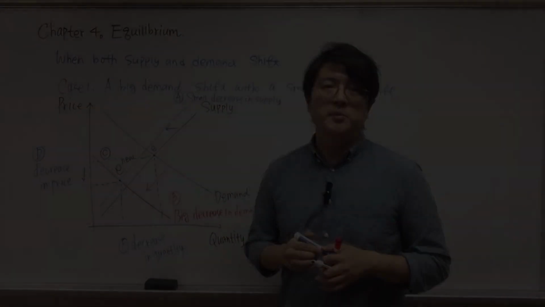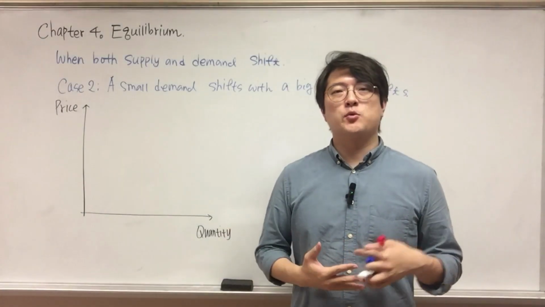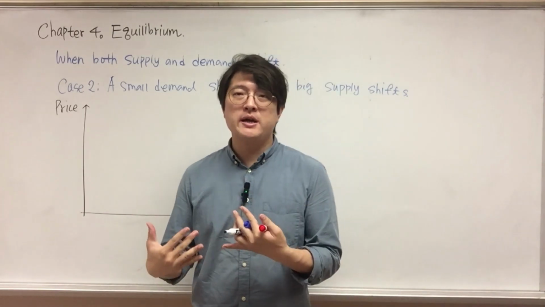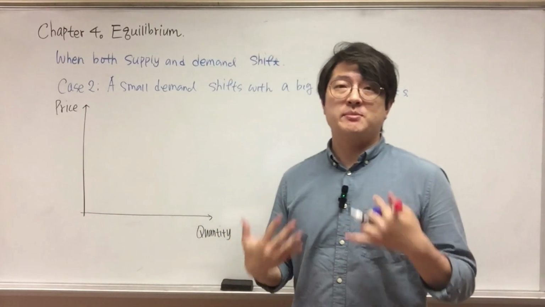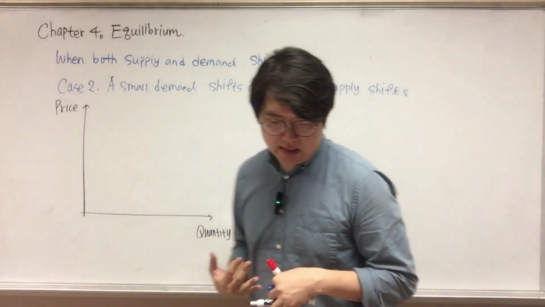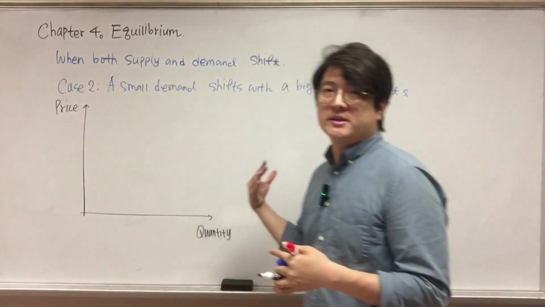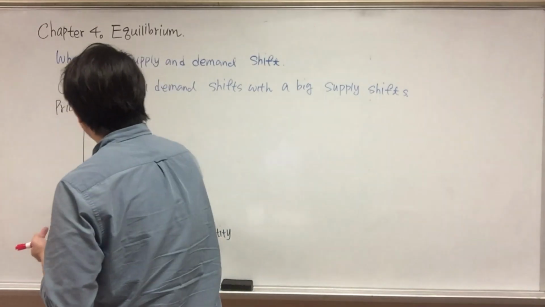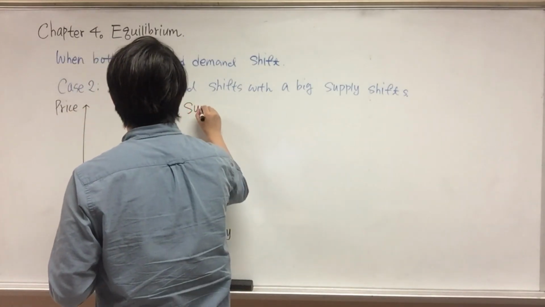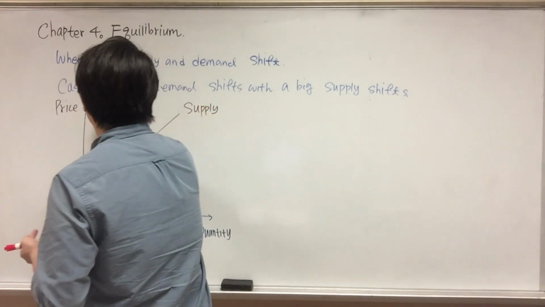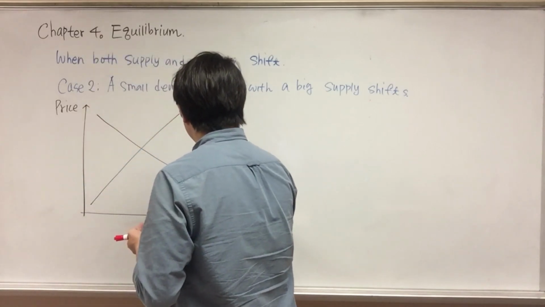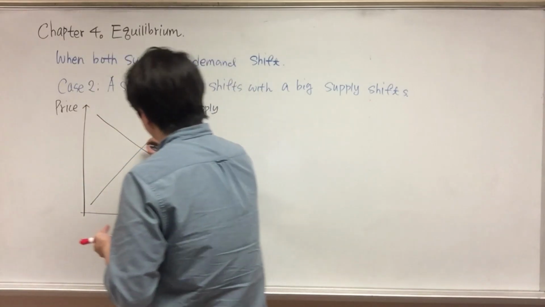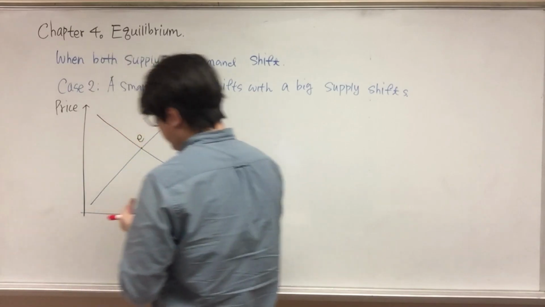Okay, so the second case is when the demand changes are small and the supply changes are relatively large. Okay, so what happens compared to the previous case? We have the supply curve in here, and we have the demand curve in here, and here's the equilibrium point, right?